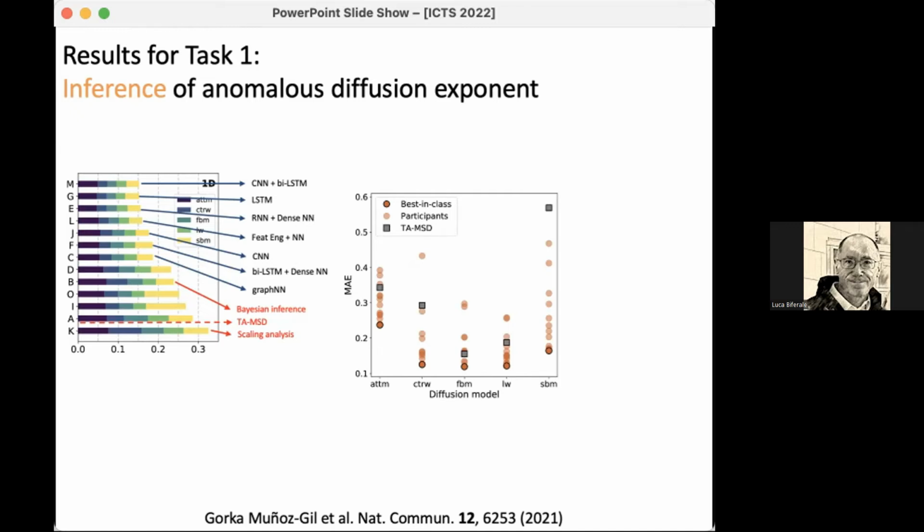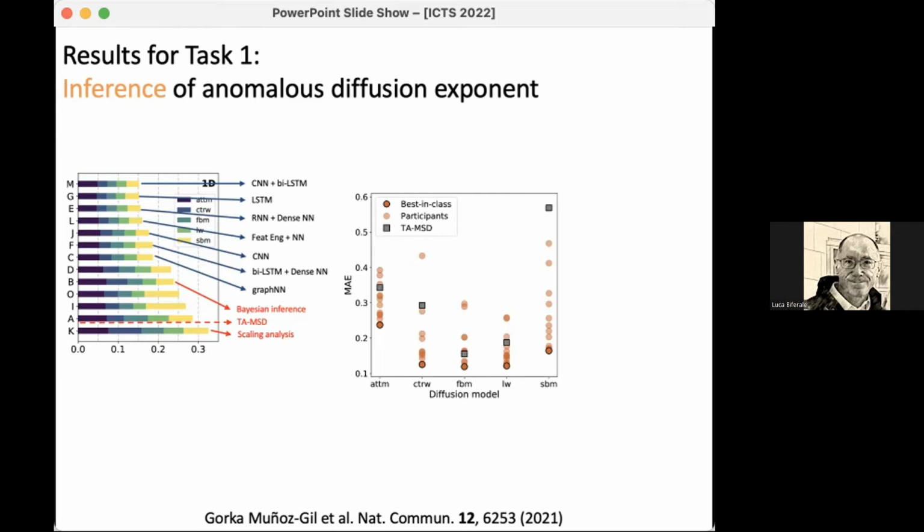Let's say, suppose you train only on a range of alpha exponents. Can you extrapolate outside the range, if you show something that has an alpha that is larger or smaller than what you've shown? This was not tried, because in this challenge we gave the full range for training and for testing.